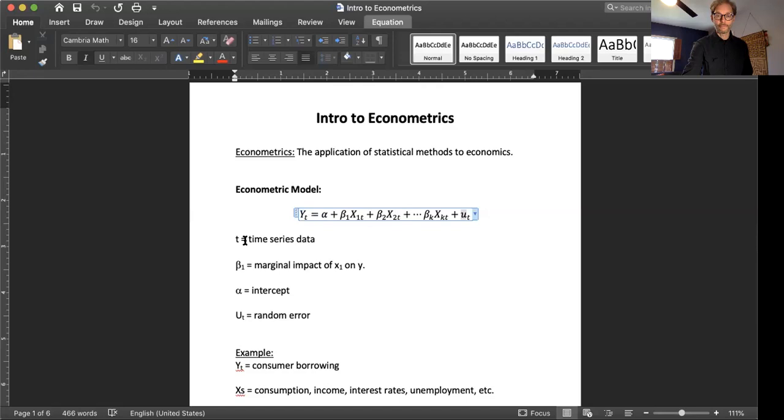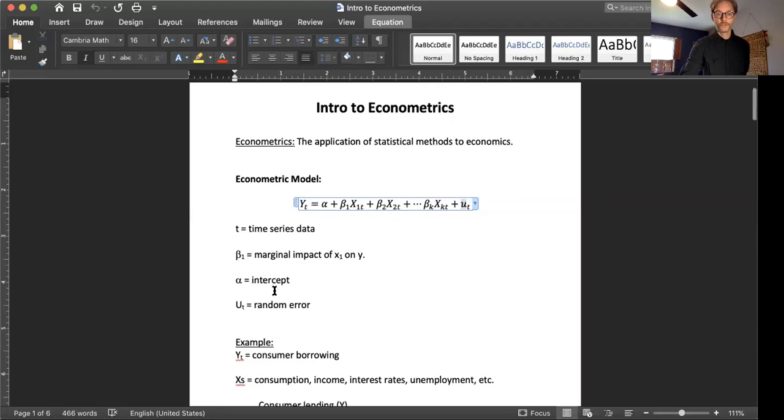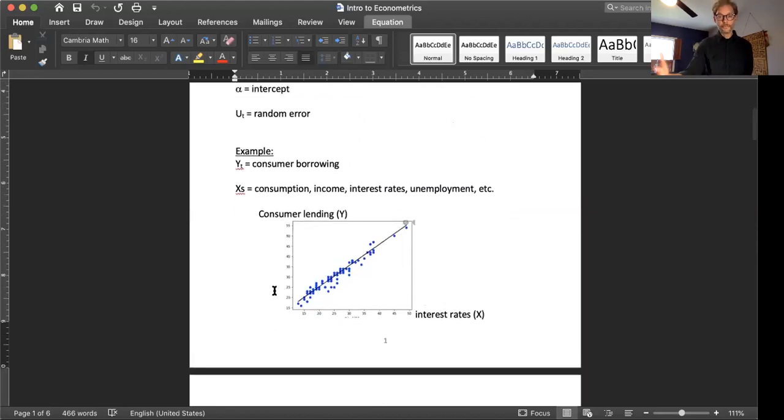Notice here that I also have little t's to denote that this is time series data. In other words, this is data measured across time. So to get an example, let's say in homework number 2, you picked consumer borrowing as the financial variable that you're interested in exploring. So Y here is going to be consumer borrowing.